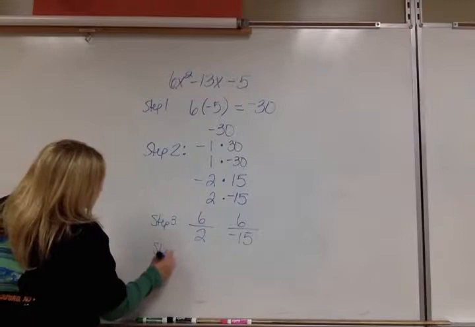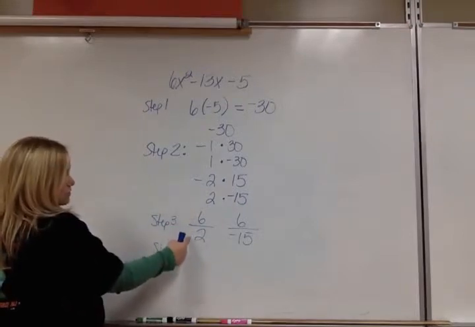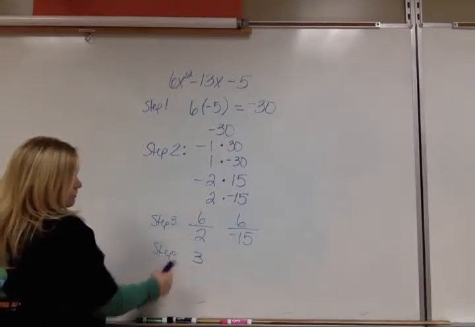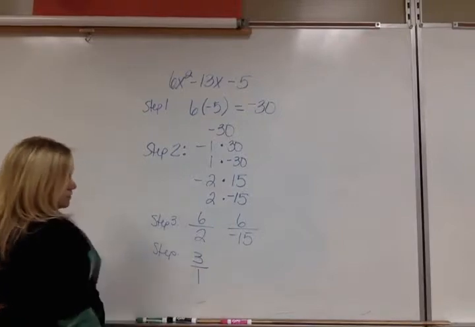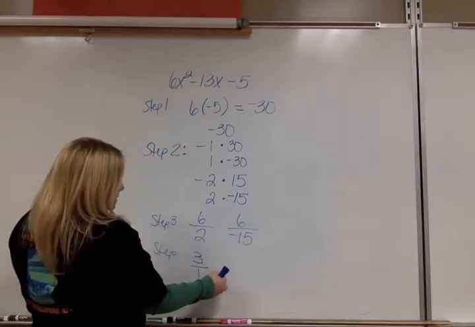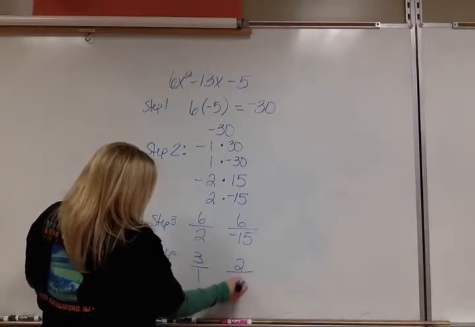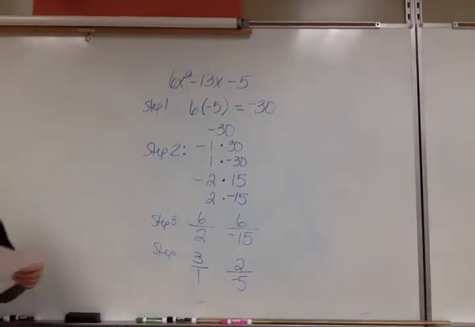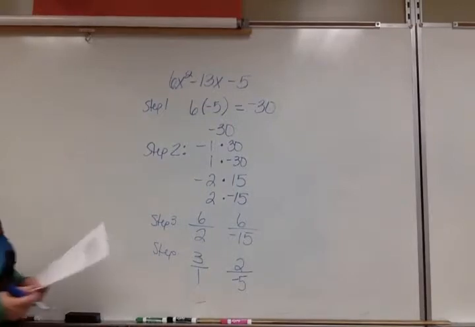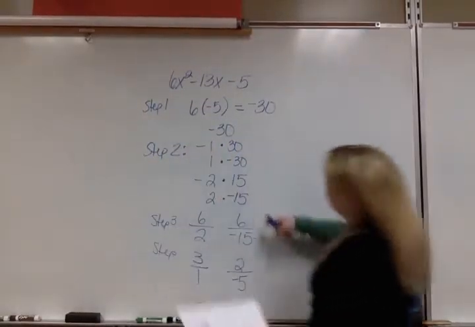Step 4 is to reduce. Well, 6 over 2 is 3 over 1. 6 over negative 15 is going to be 2 over negative 5, right? Everybody with me? Step 5, let me come over here.